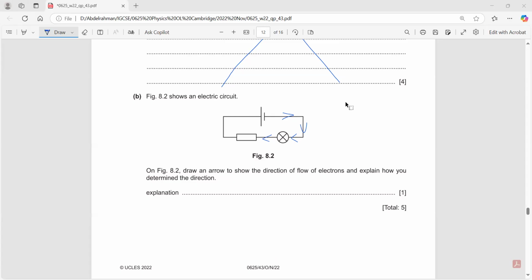You can say that the current moves in the opposite direction of electrons.